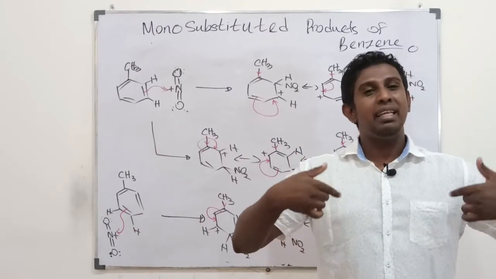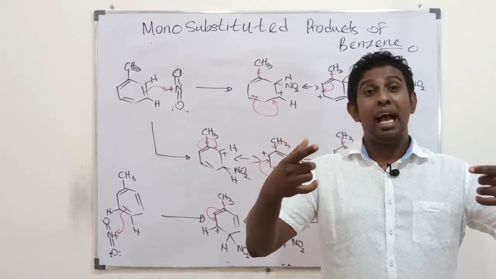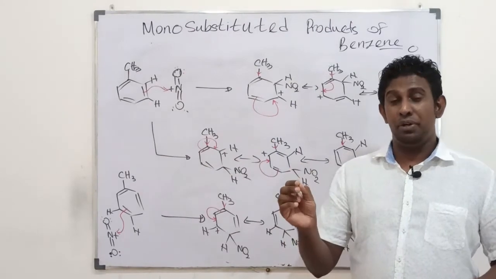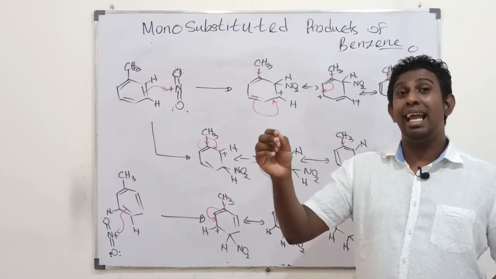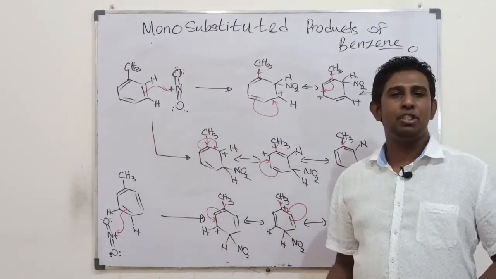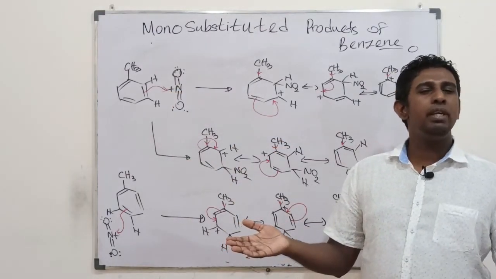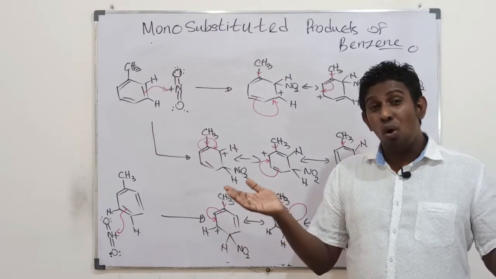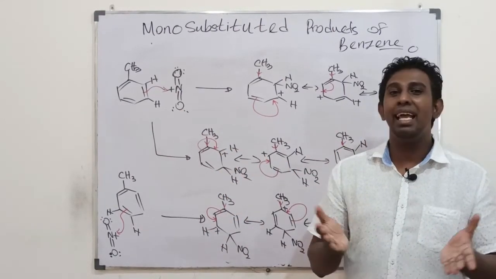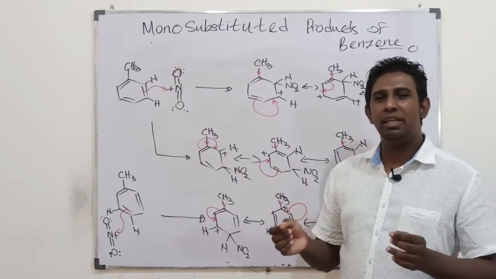Finally, I'm going to convince you that the methyl group supports attack and attachment at the ortho position and para position. Therefore, toluene's methyl group is an ortho-para directing group of benzene. That's why. Hope you could understand.